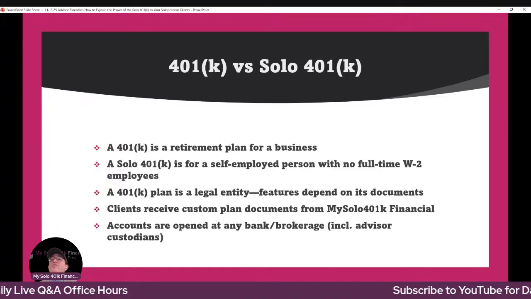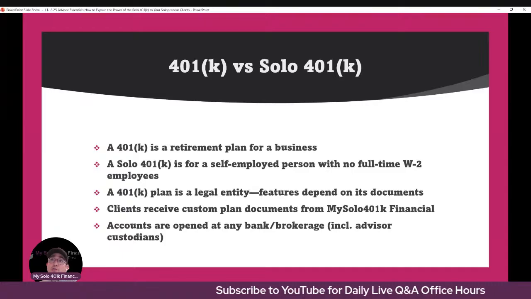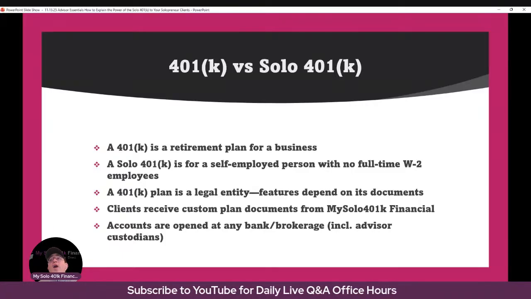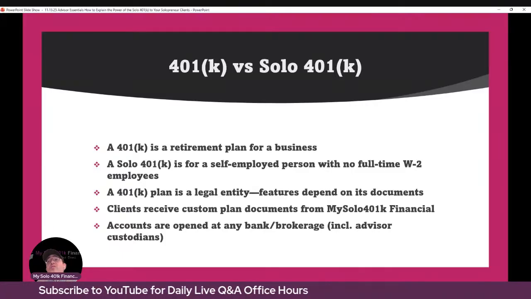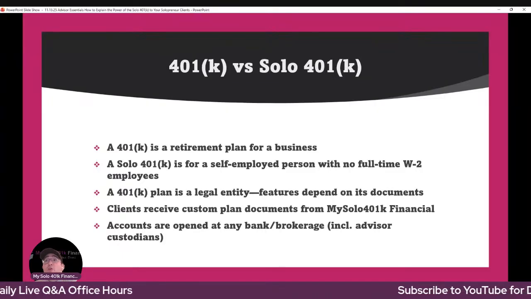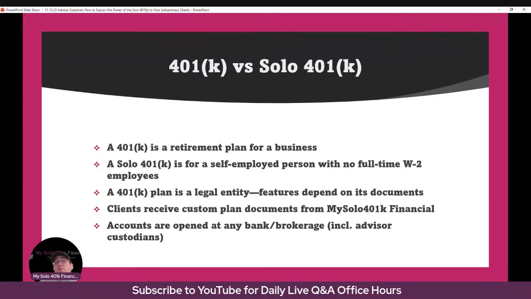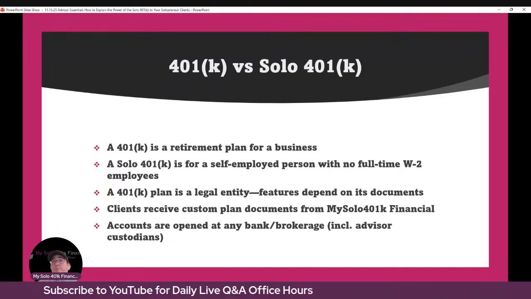So in order to access advanced features, you need to have documents that allow for those features. So our documents are automatically drafted to allow for the most features, but also the most flexibility. So they don't require taking advantage of all the advanced features, but they ultimately allow it if at some point the client wants to take advantage of it.